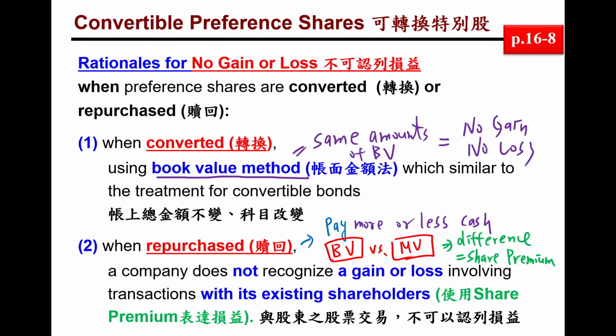So no matter what kind of reasons, for equity, we don't have gain or loss. If you understand these two major differences, then it's easier for you to answer this part, convertible preference shares.